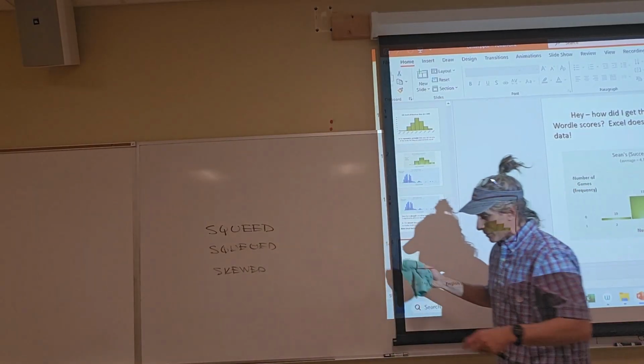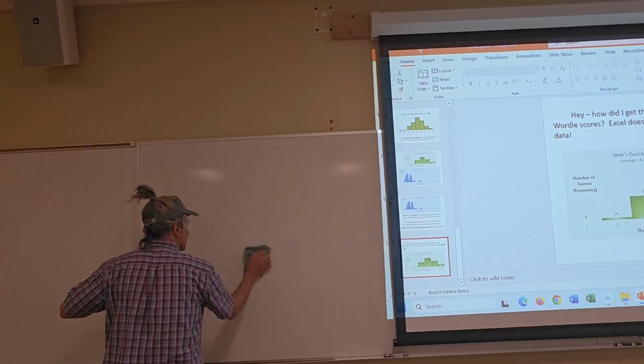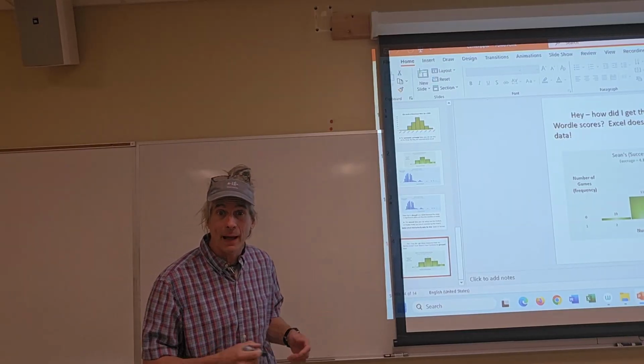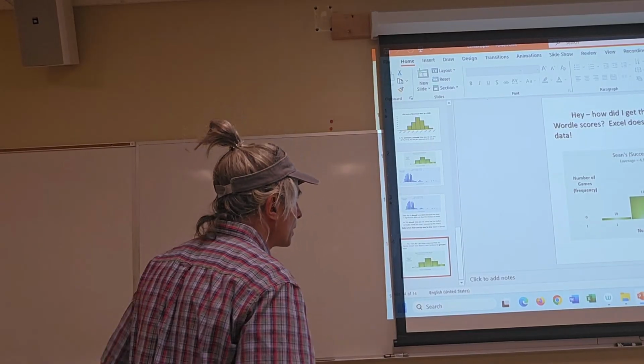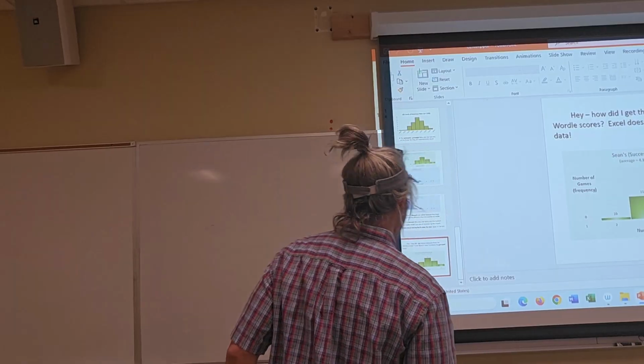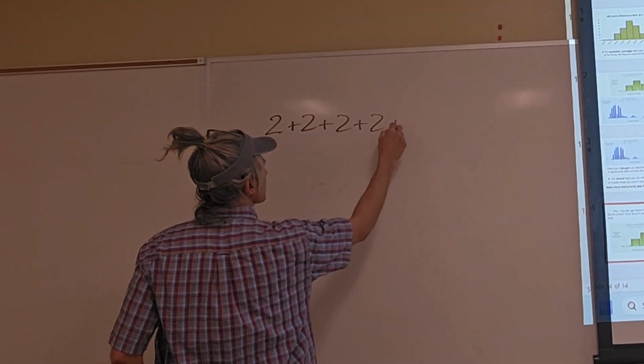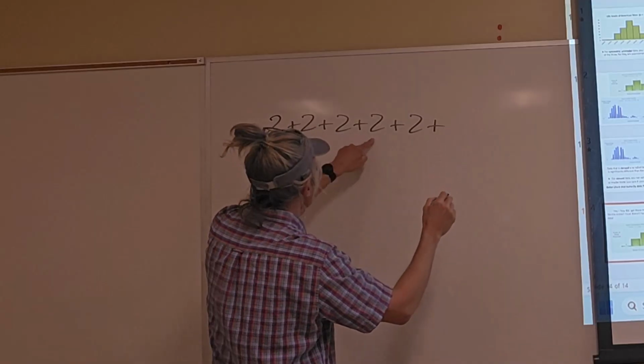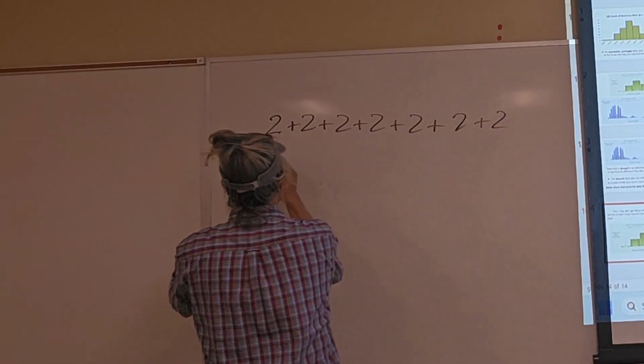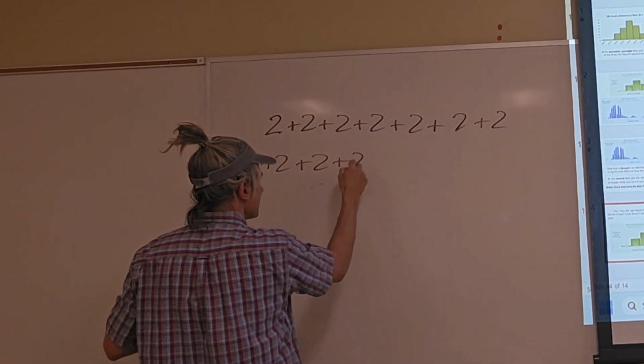One way you can go about this is, well, you can use the average, right? You can just add up all the data points and divide by how many there are. So there's no ones. There are, looks like 10 twos. So you go 2 plus 2 plus 2 plus 2 plus 2, 6, 7, 8, 9, 10. 10 twos.